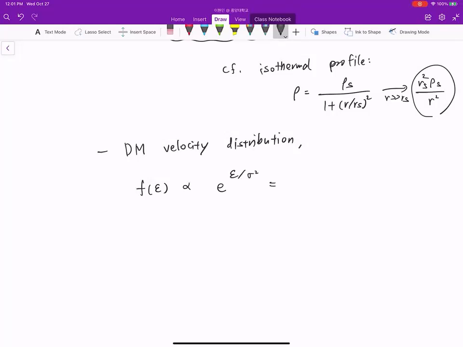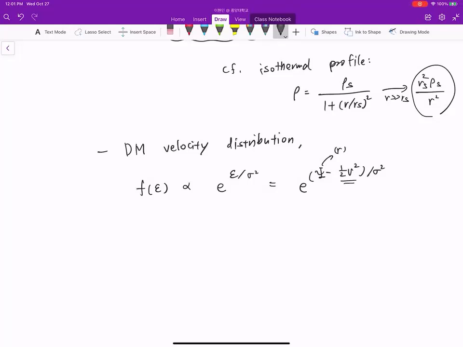And this psi is an r-dependent quantity, right? It depends on the position of the dark matter particle, in this case the distance from the center of the galaxy. And so you can see only a velocity-dependent part.